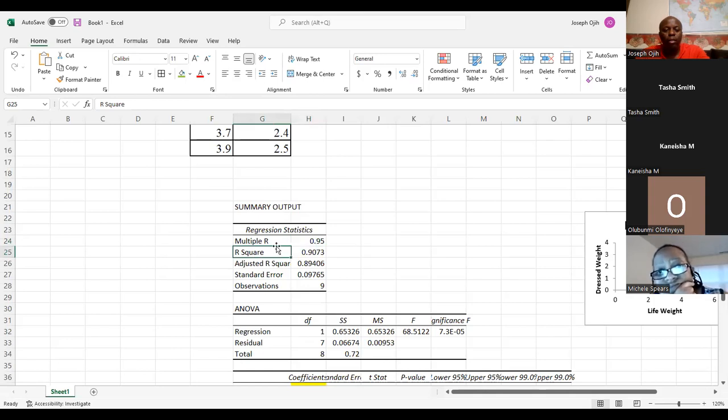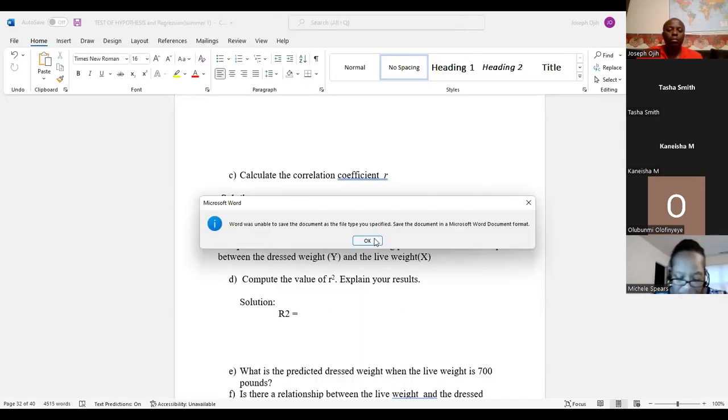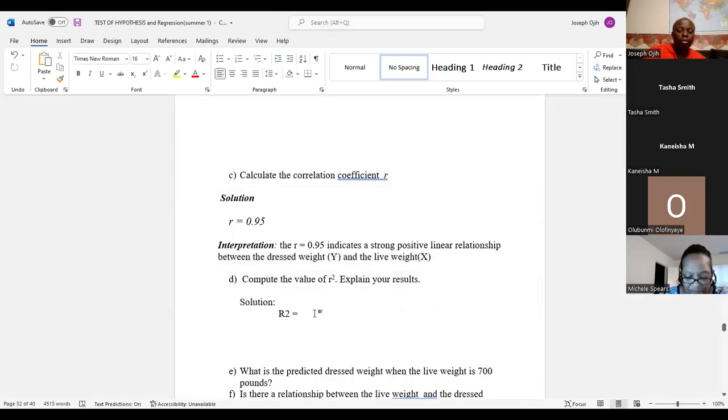It says 0.9073, which if you reduce it to 2 decimal places is 0.91. So r squared is 0.91, and that is r squared.